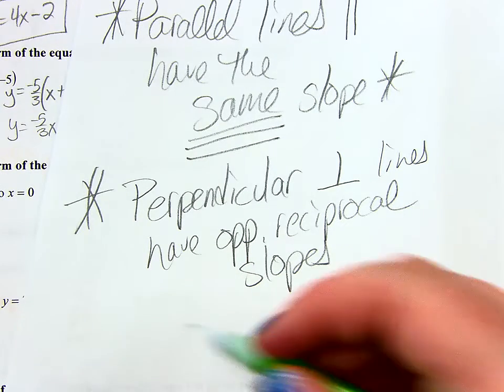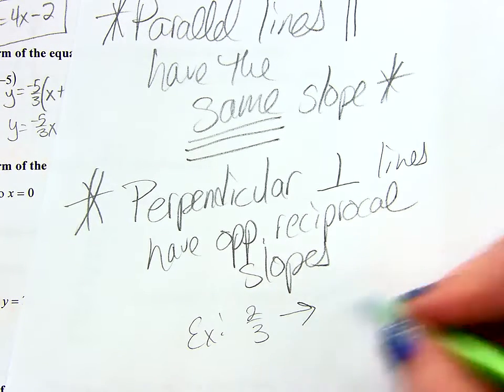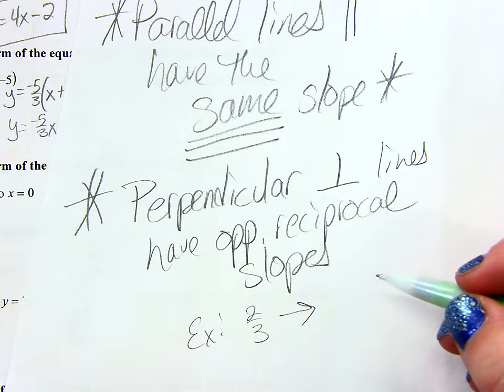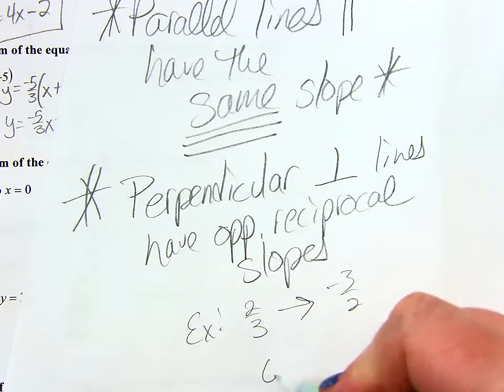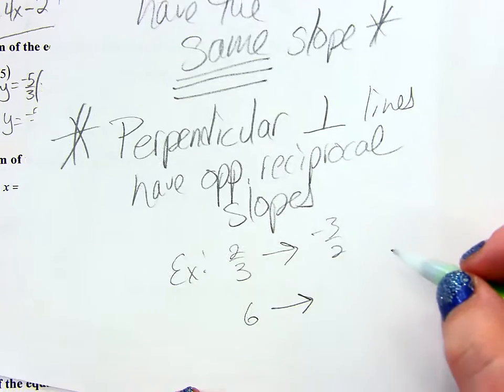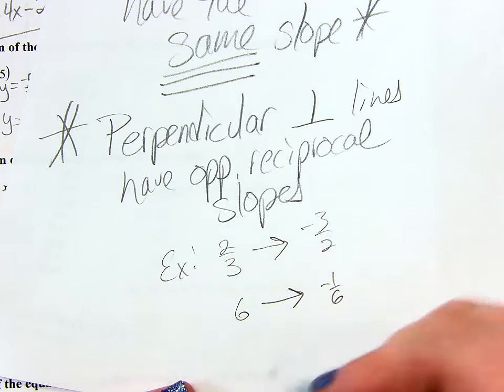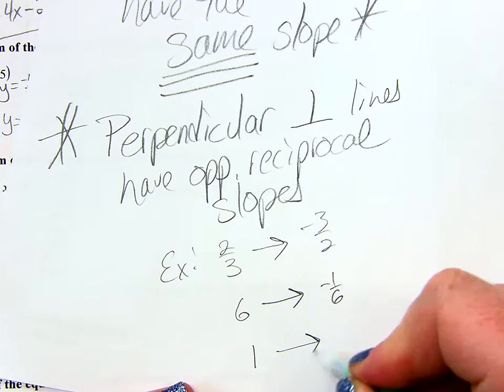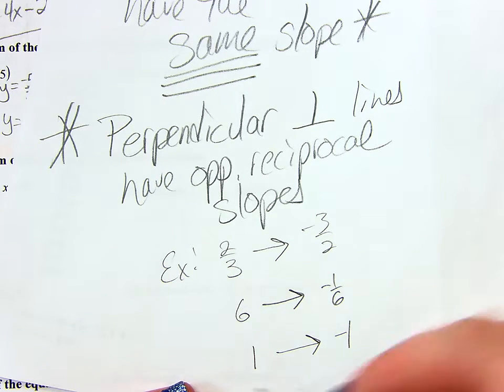So for example, if one slope was 2/3, the other one would be -3/2. If one slope was 6, the other one would be -1/6. If one slope was 1, the other one would be -1, because the reciprocal of 1 is just 1.